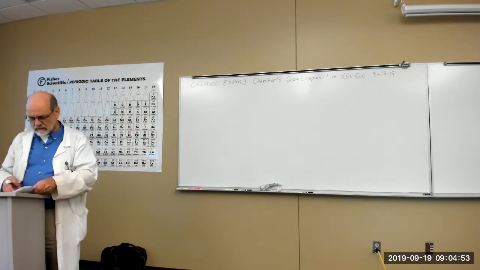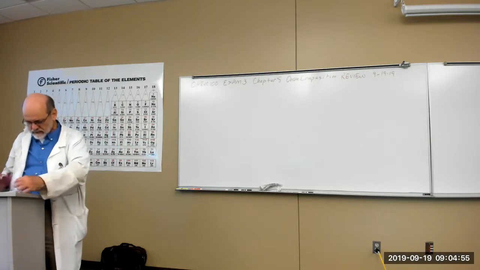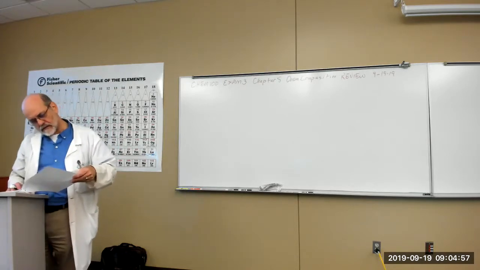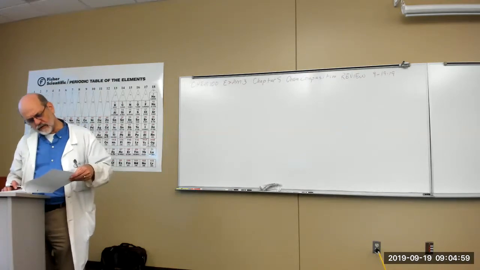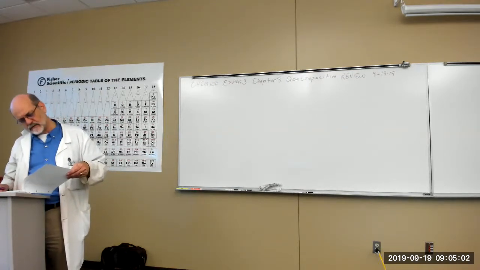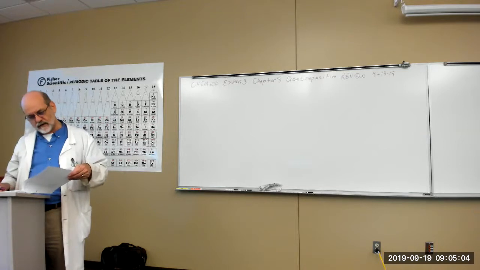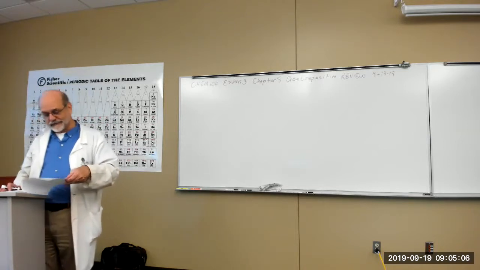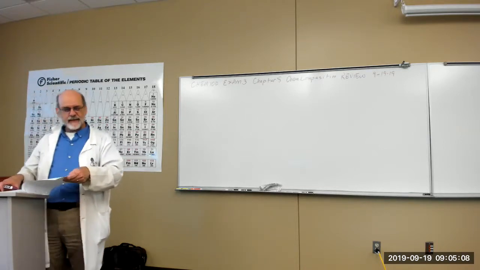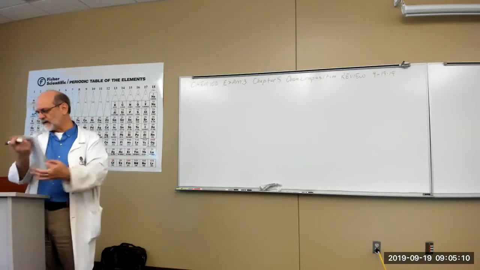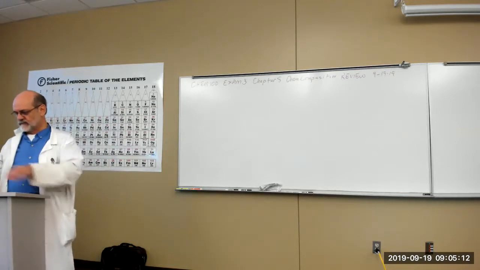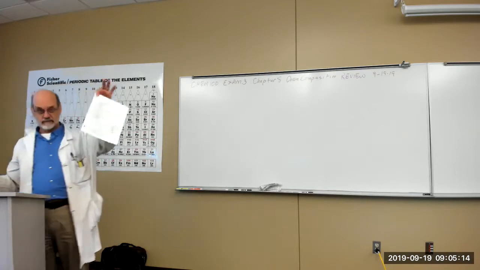Let's see. You notice number 42 is crossed out. I don't know how that one got in there. But by the time I discovered it, I had already created this handwritten document.